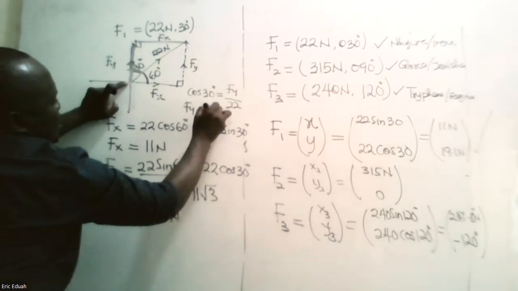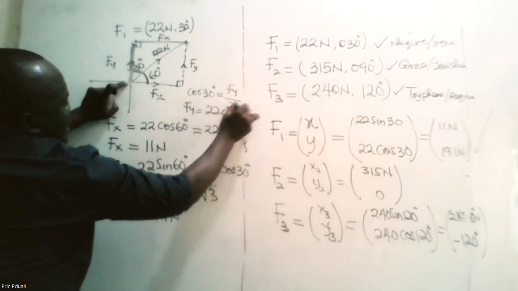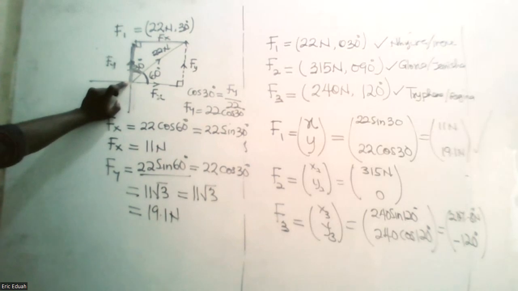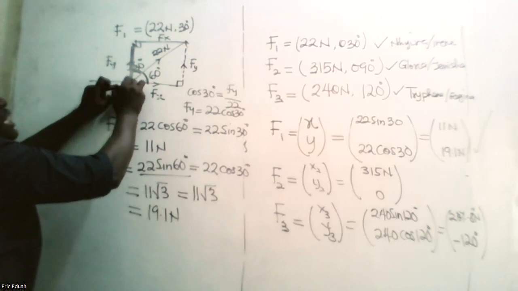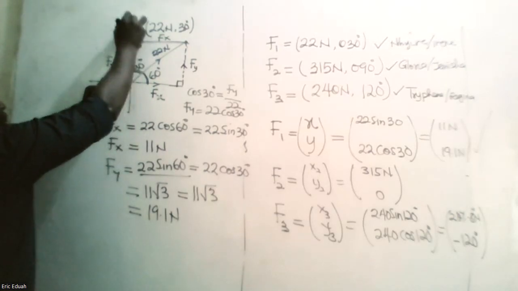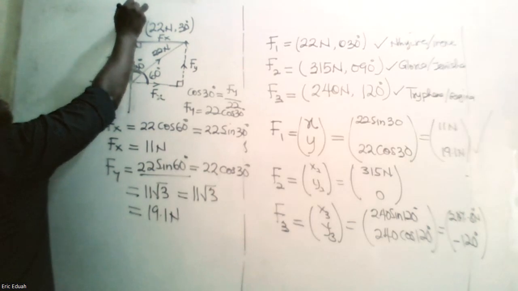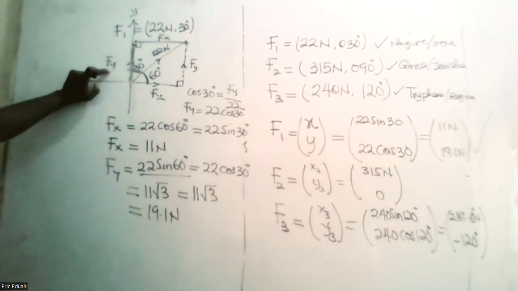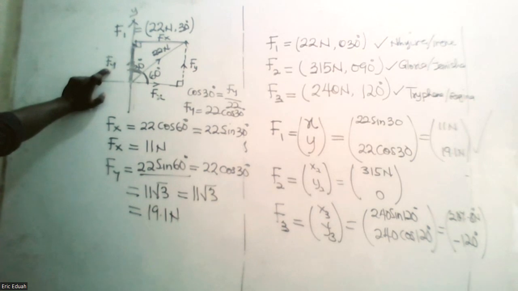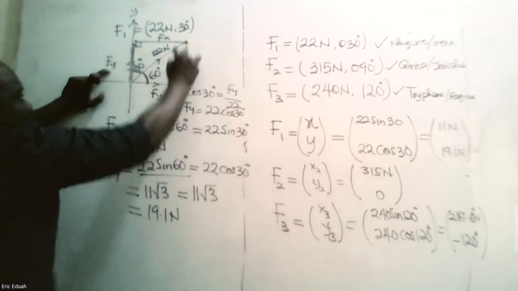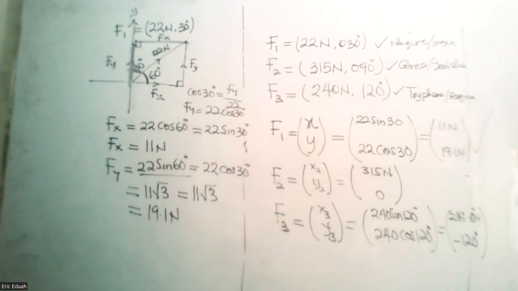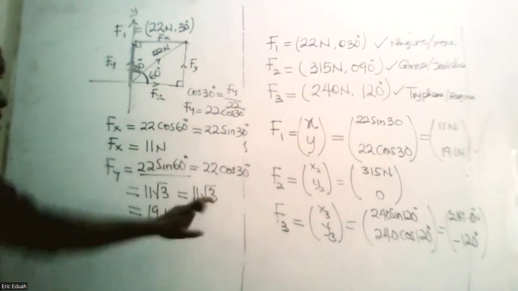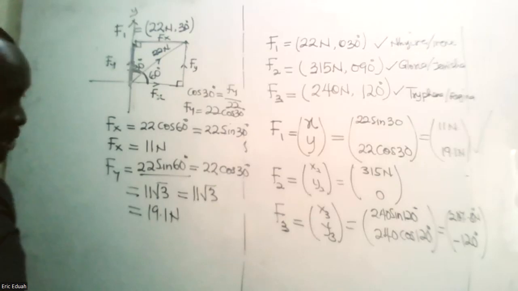Fy is equal to 22 cos 30. This side becomes Fy because it falls within the y-axis. Either you use this side or this side, the value is the same. Coincidentally, we got the same answers for both.